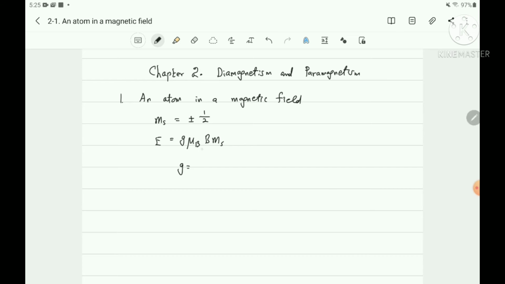The Lande g factor measures the strength of the spin and orbital angular momentum, and in general, it is 3/2 plus [S(S+1) minus L(L+1)] over 2J(J+1). It is the Lande g factor.